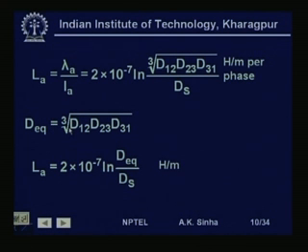This is also seen as the GMD of the 3 phase conductors.